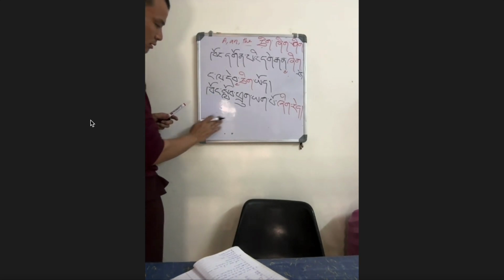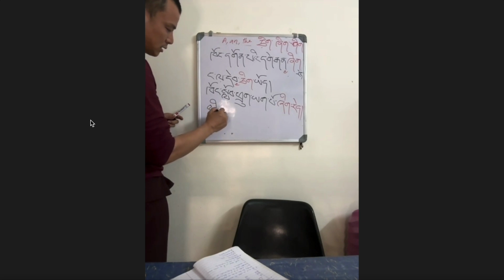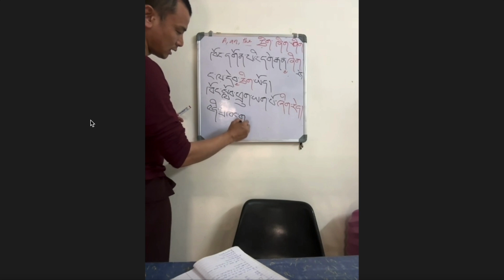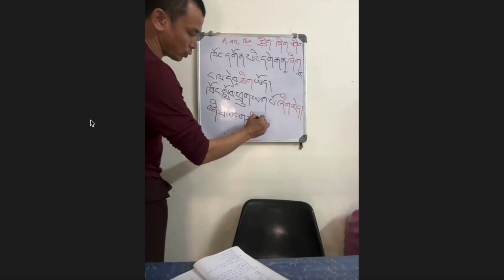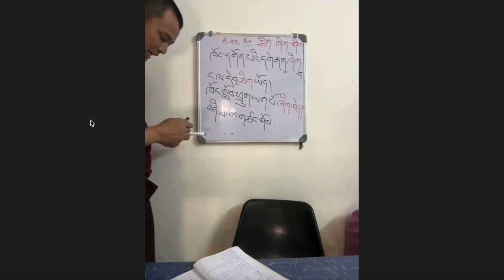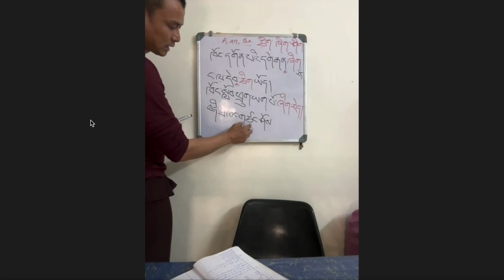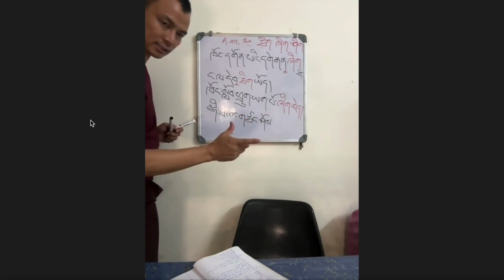This sakang, zang. Zang is clean, right? Zang shu is what? Cleanest. If this comes together, zang is clean. If it comes zang shu, then cleanest.